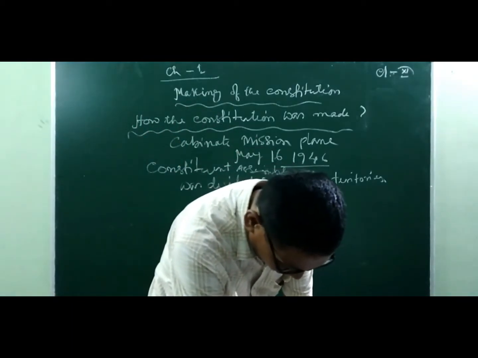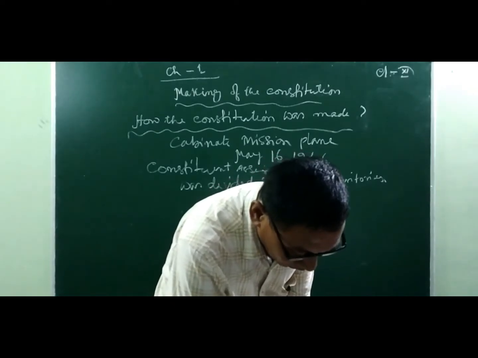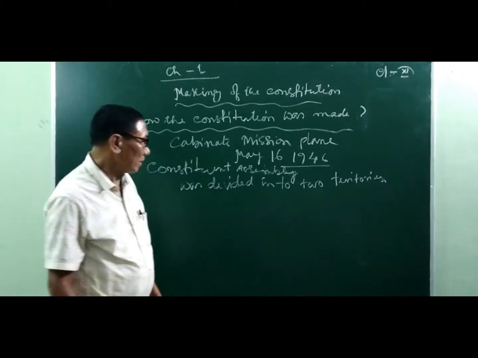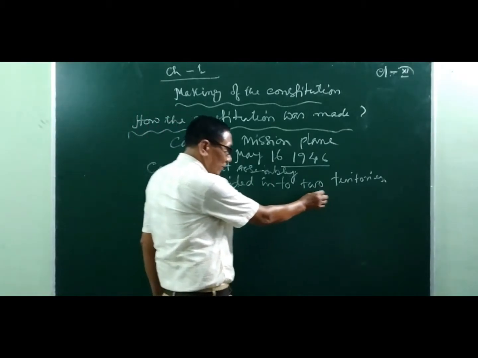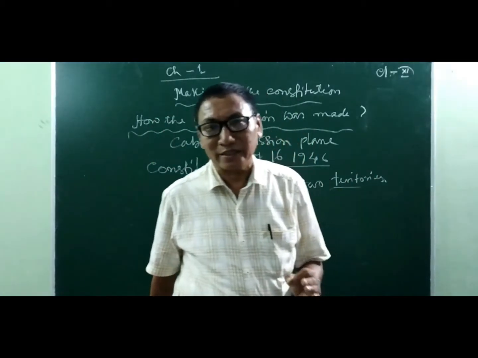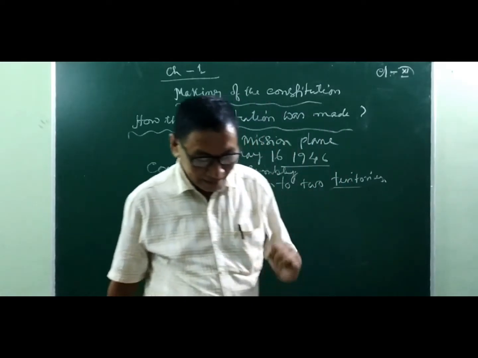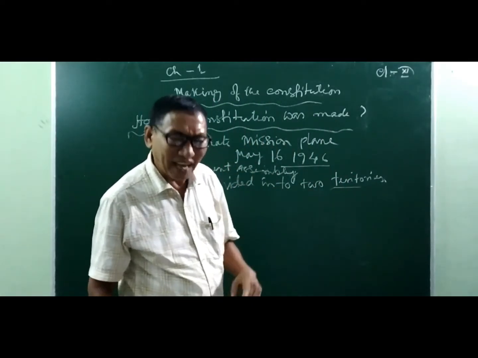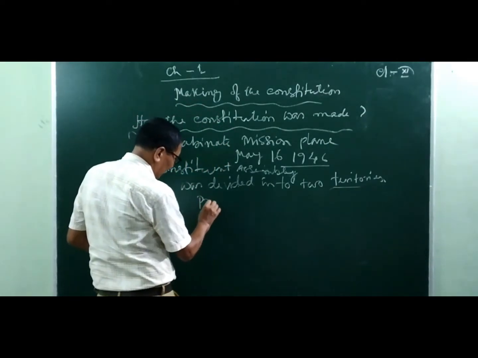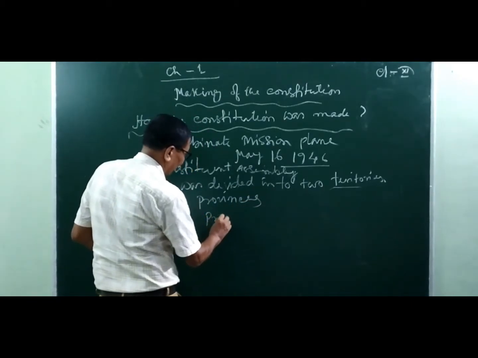Now, 2 types of territory occur: provinces under the direct control of British rule, and the other one is princely.